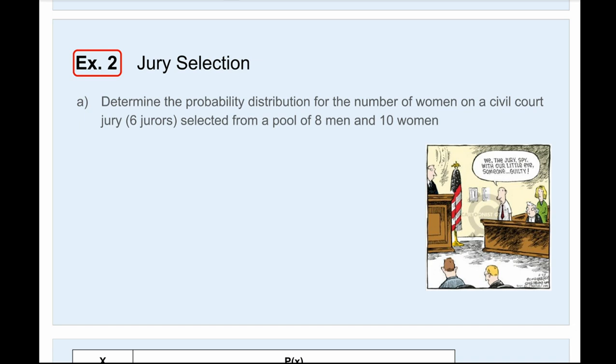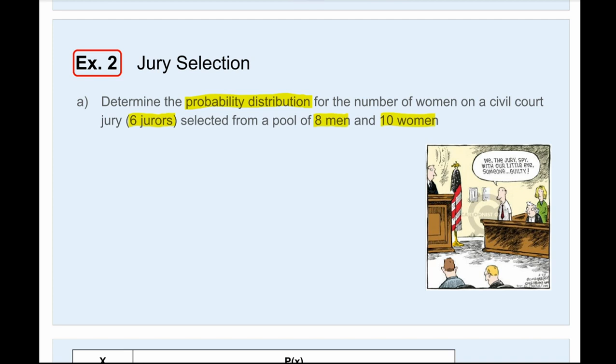So determine the probability distribution for the number of women in a civil court jury, which is 6 jurors, selected from a pool of 8 men and 10 women. So a couple key things here: 8 men, 10 women. We're selecting 6 jurors in total, and we're looking for a probability distribution.